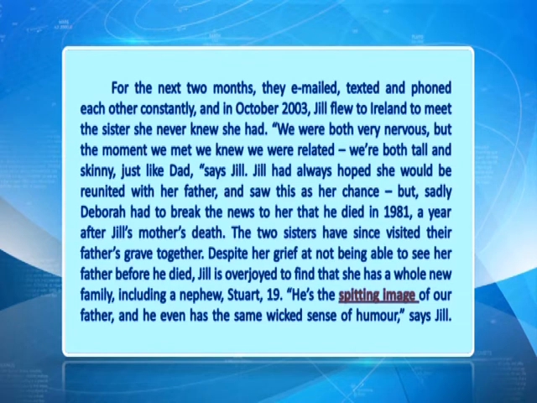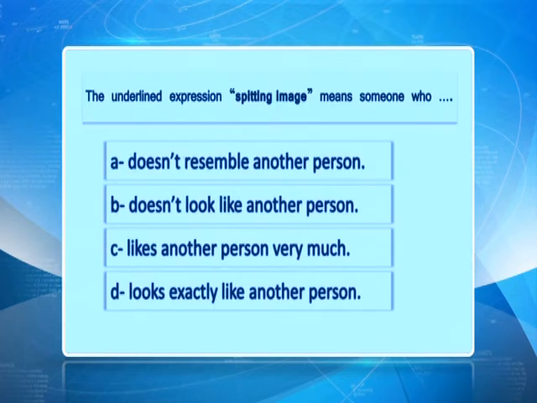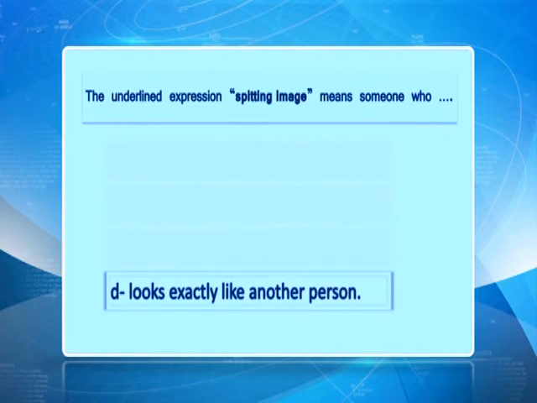If we want to read the sentence in which this expression occurred: he is the spitting image of our father, and he even has the same wicked sense of humor. Now, here the word "same" gives us a clue to the meaning of spitting image. So spitting image means looks exactly like another person. Okay, so they are lookalikes.